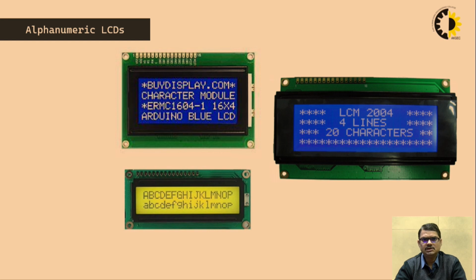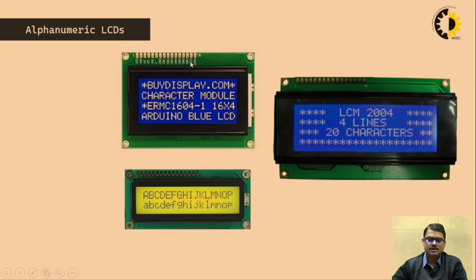It means that there are two lines of displays, and in one line we can display 16 alphanumeric characters, which I am showing you as A, B, C, D up to P.